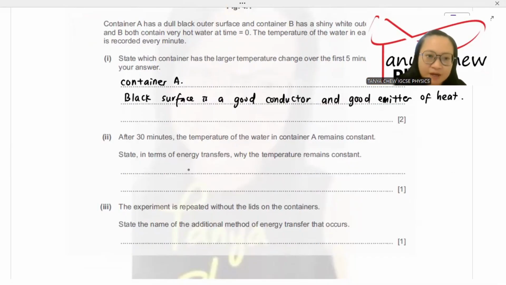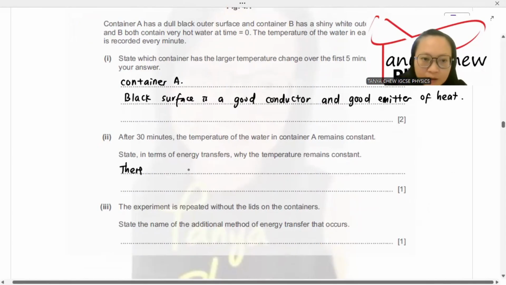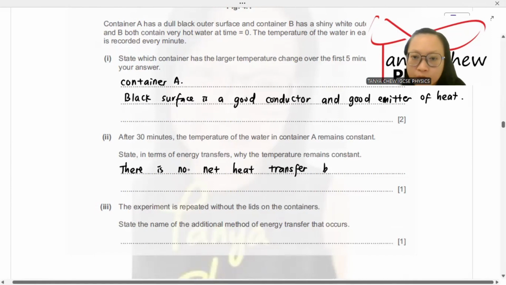Right, so I would say that there is no net, or you say resultant, heat or thermal energy transfer between container A and surrounding.